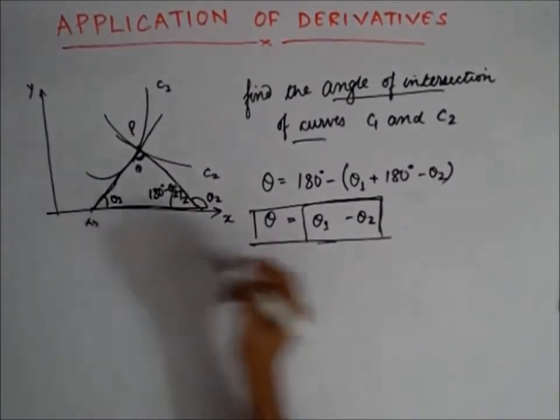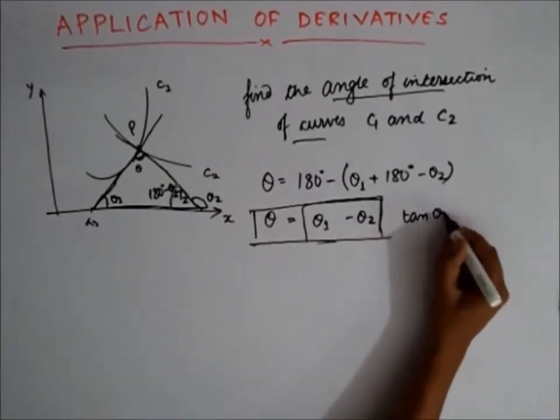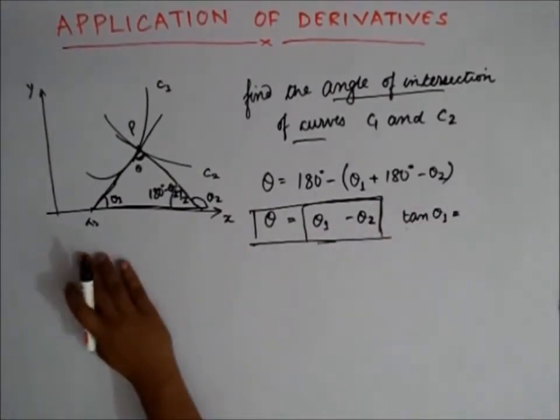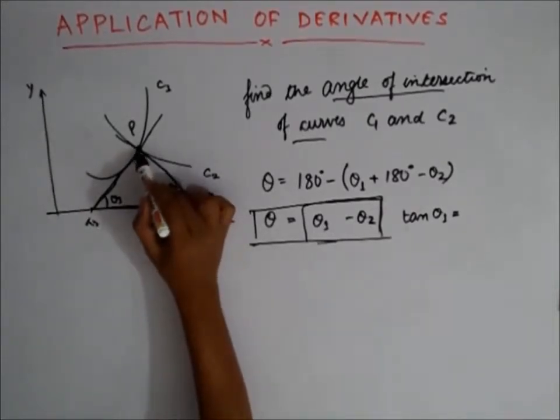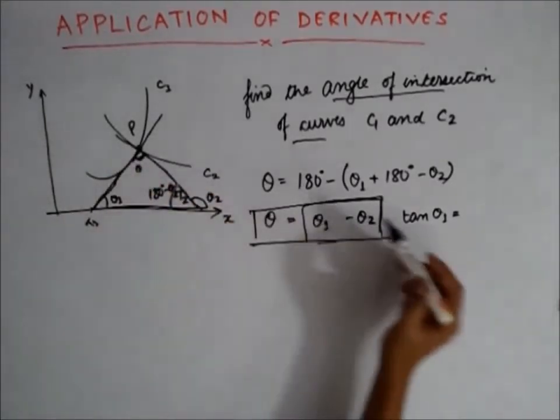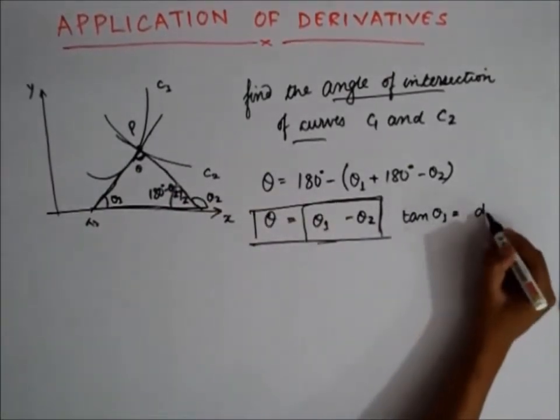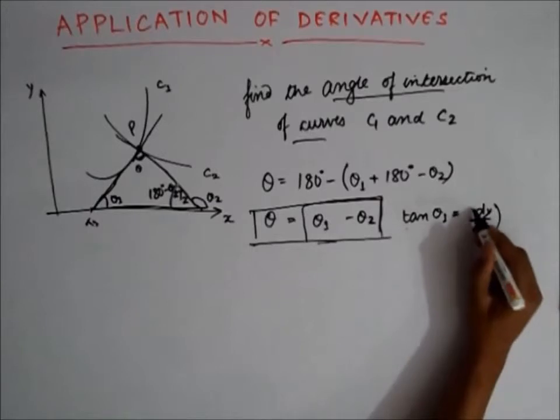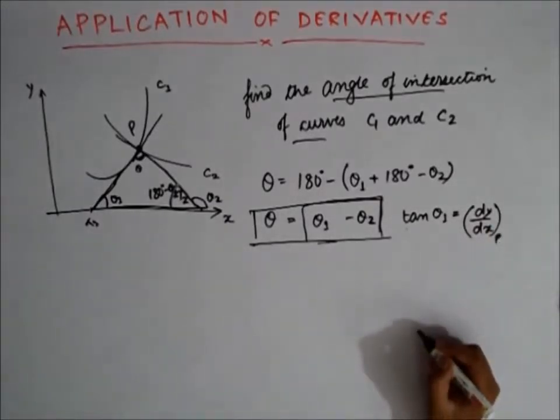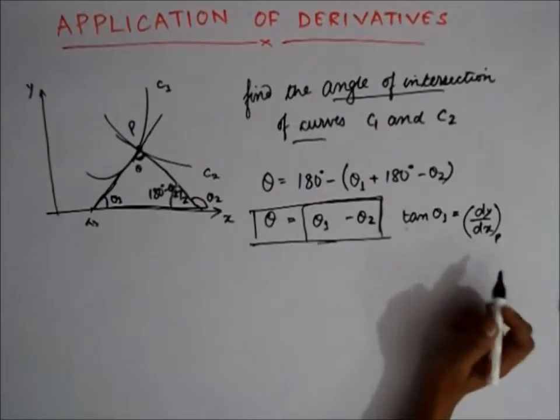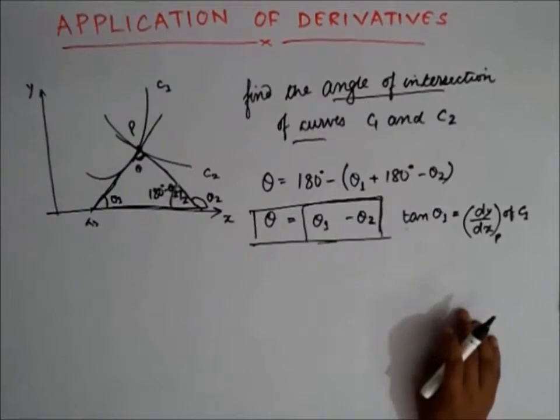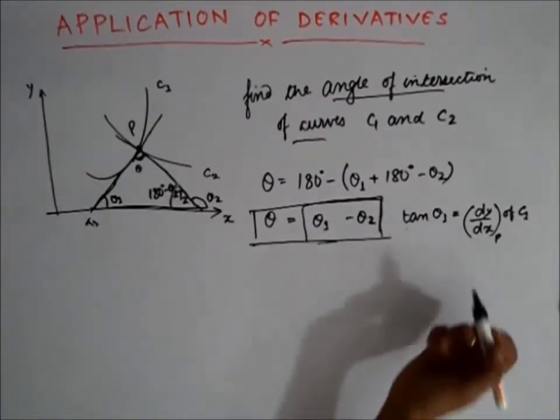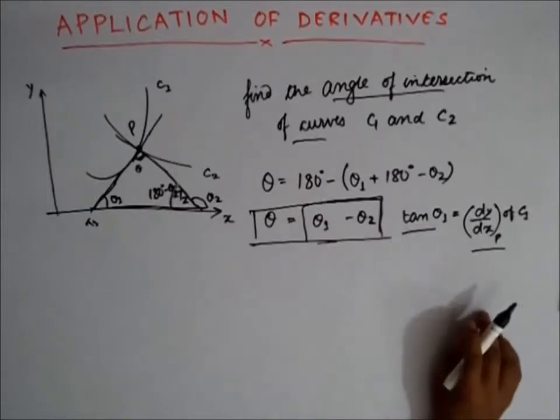Now you know that tan of theta 1 is what? Tan of theta 1 is the slope of the tangent T1. The slope of the tangent T1 can be found by finding the derivative of curve C1 at point P. So if I find dy by dx at point P of curve C1, then I'll get the value of tan theta 1.